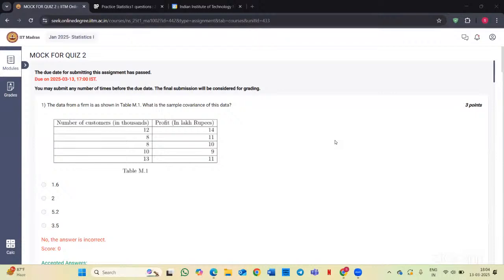Covariance: sum of (xi minus x bar) times (yi minus y bar), divided by n minus 1. Good. Okay, so solve this.